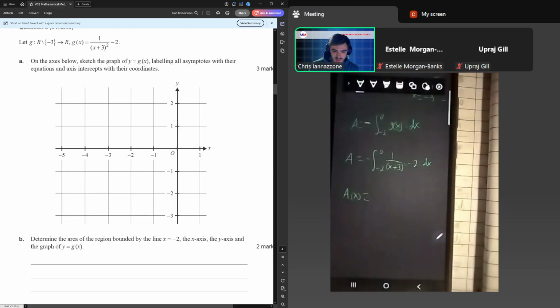Antidiffing this. Does anyone know what you have to do to antidiff this? I'm not 100%, but should we expand the bottom first and then bring it up, or I don't really know. Expanding the bottom and then bringing it up would put a negative index on the entire thing.